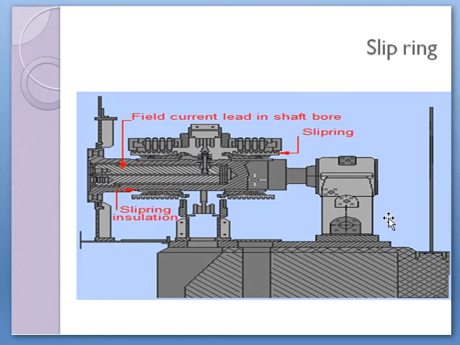We can see here, this is the slip ring assembly in which the slip ring and the brushes are fixed, and there should be proper insulation between the winding surface and the slip rings.